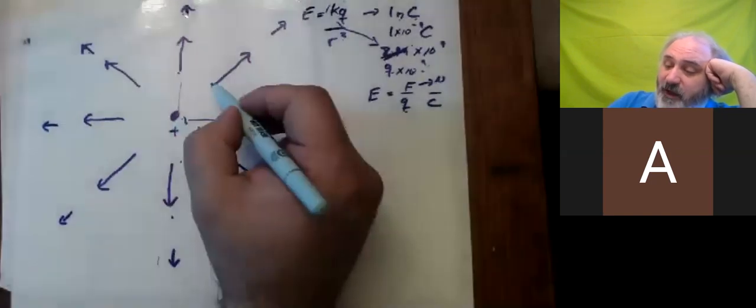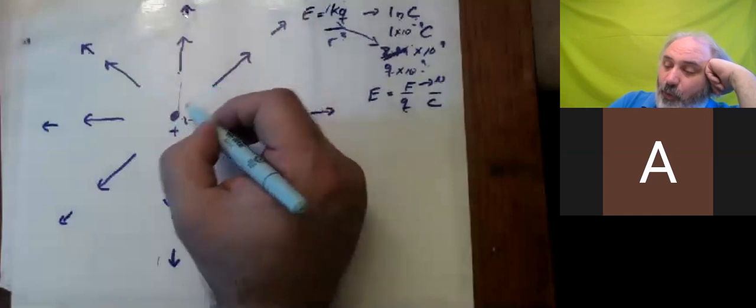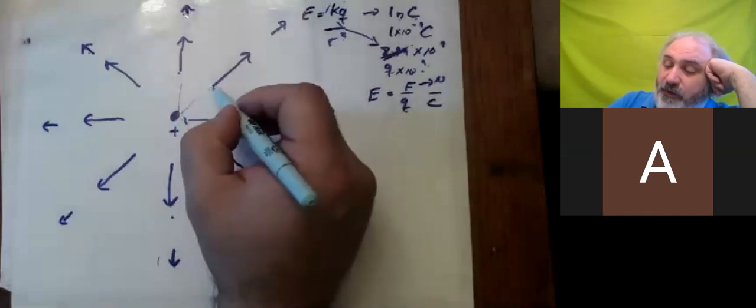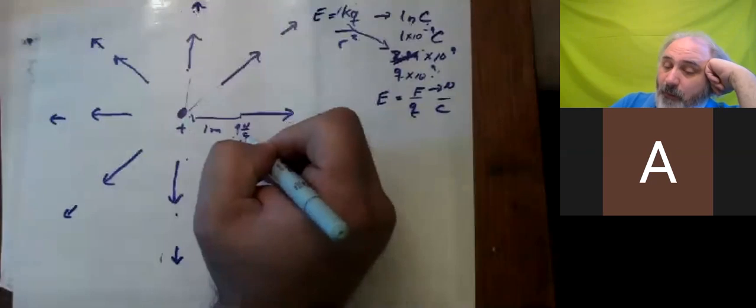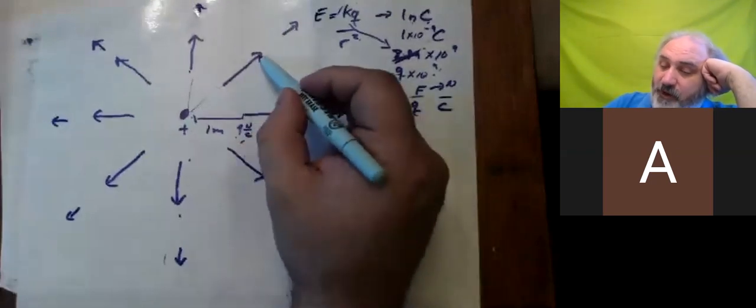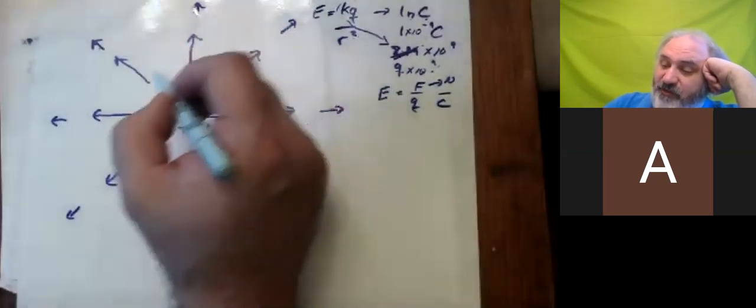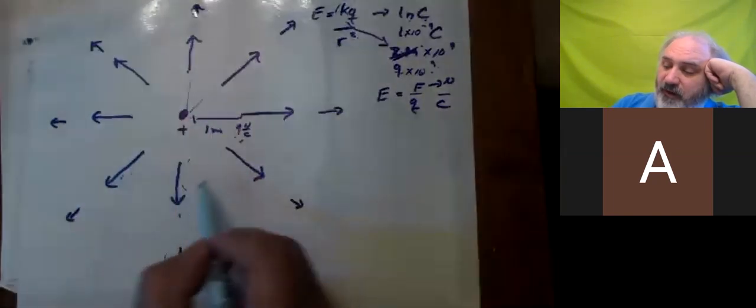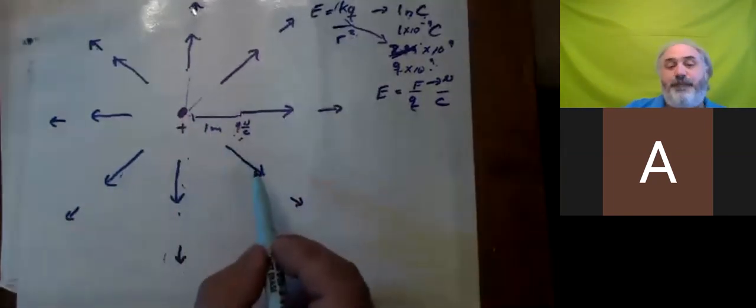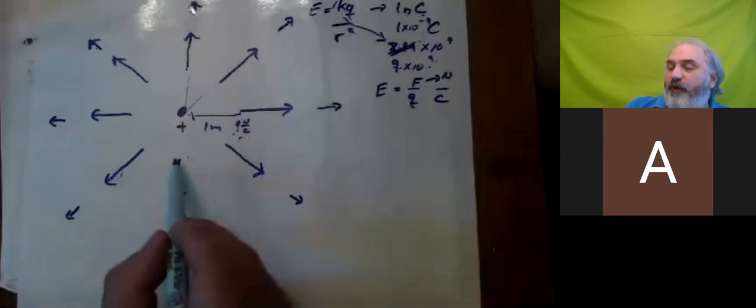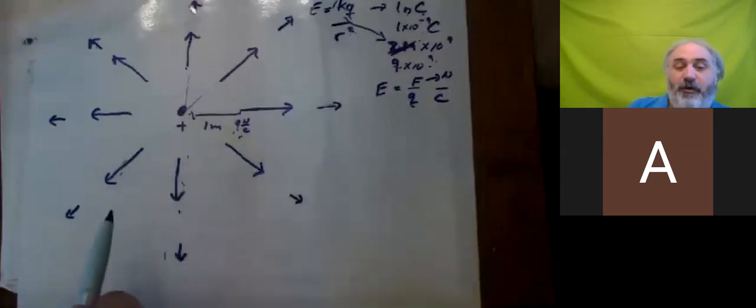If I were to put that positive charge here, also 1 meter away, the field would still be 9 newtons per coulomb, but it would be in this direction. And at each of these locations, I'm getting the same size field, but they're always pointing directly away from that positive charge.